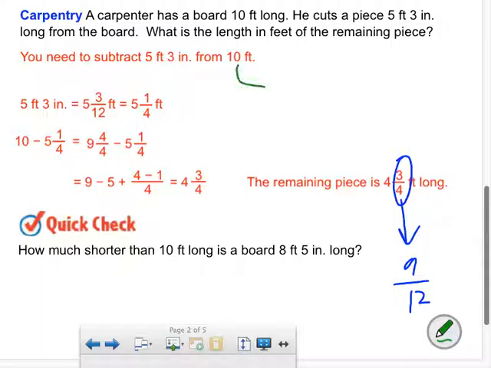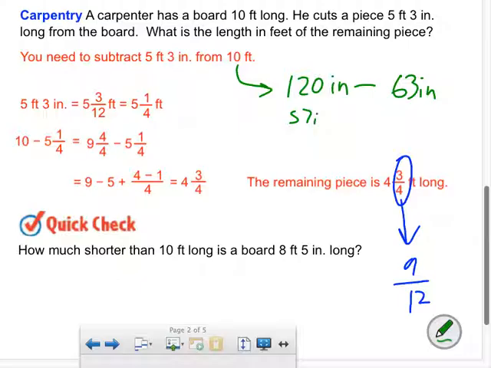And so how many inches is that? 120 inches. And then you're going to subtract how many inches is in 5 feet? 63, plus the 3 feet? Plus the 3. Or the 3 inches, sorry. So it's 60 plus the 3. Okay, so 63 inches total, right? And then what do we get?